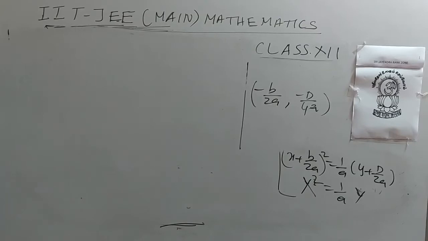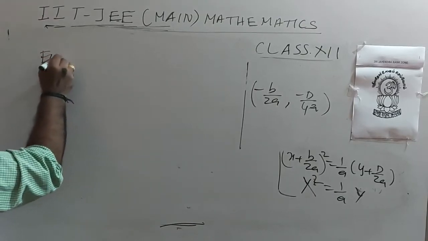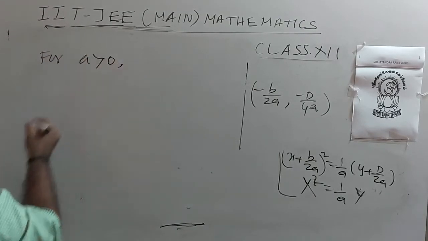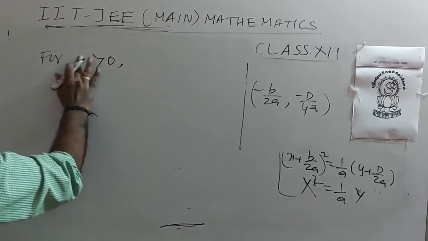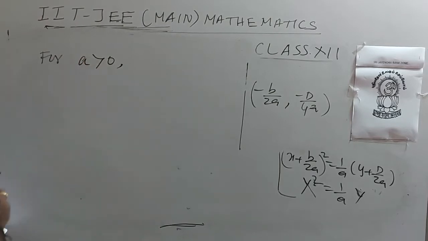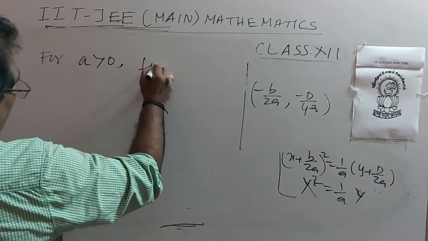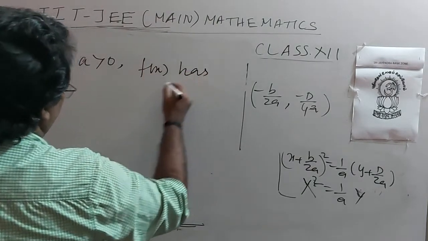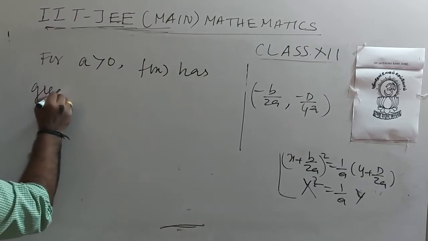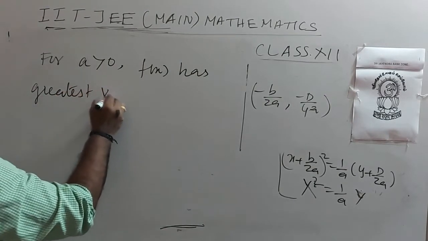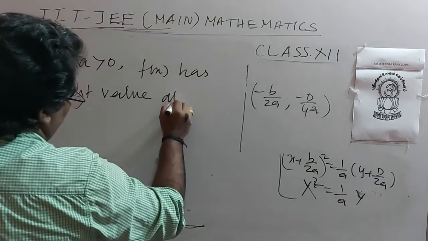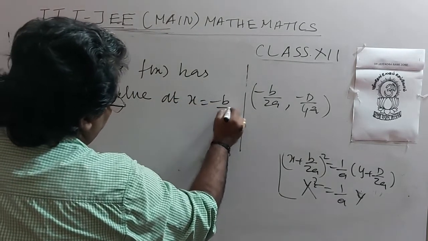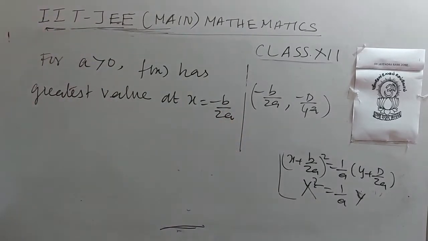For a less than 0, the curve is open downward, so it will have a greatest value. f of x has greatest value at x equal to minus b by 2a.